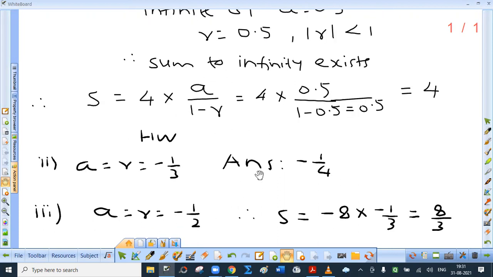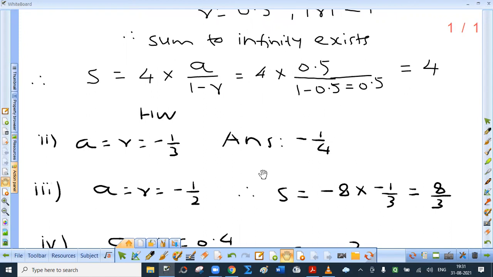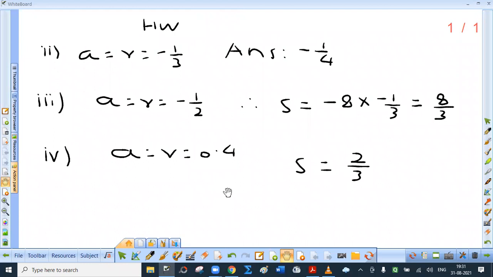Just a minute. Second, third and fourth for homework. Here I have given the answers. Actually, let me read the third one for you. It may be different in your textbook. Let me write sum number 3.